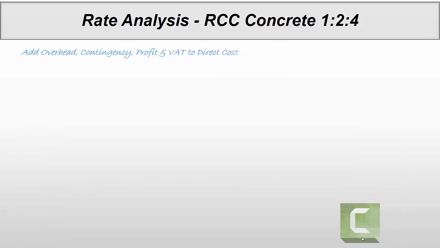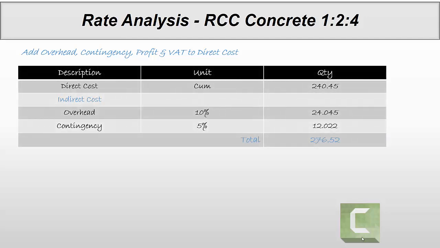So now we need to add overhead, contingency, profit, and VAT to direct cost. First of all, we computed direct cost of one cubic meter as 240.45. So what is overhead cost? We can take 8 to 12% overhead depending upon the organization. So we take 10% as standard. So 24.045 for overhead.